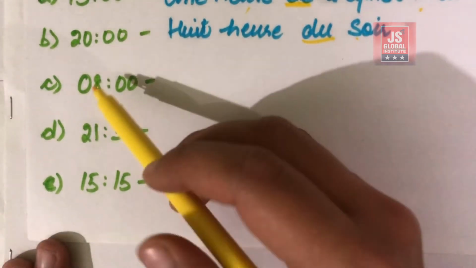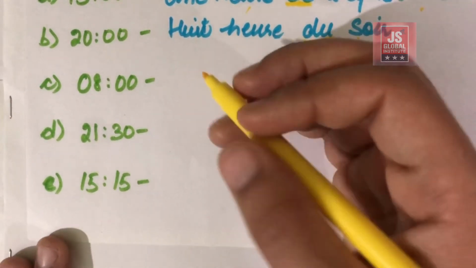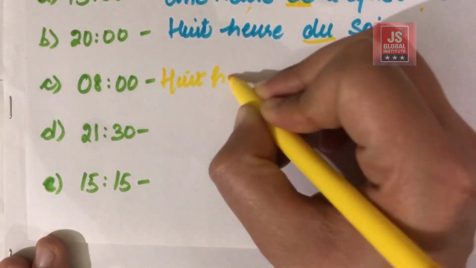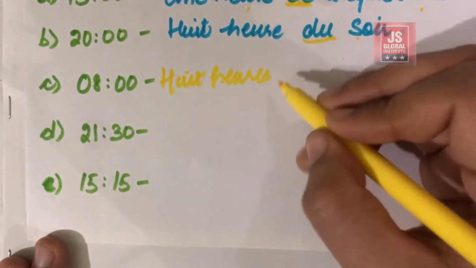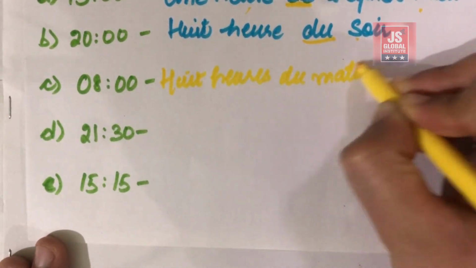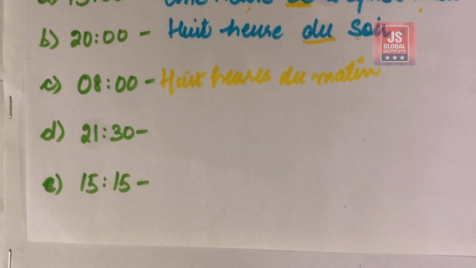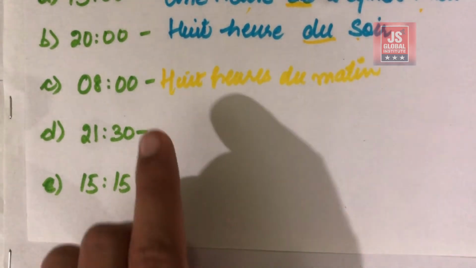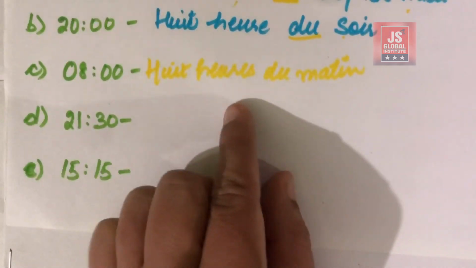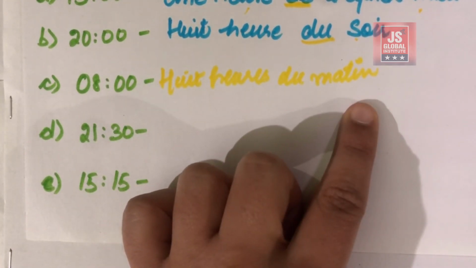So AM means morning, so this would become 8h du matin, because the morning time is included from 6 a.m. in morning to noon. Alright, so this comes in the morning slot and the answer becomes with du matin.